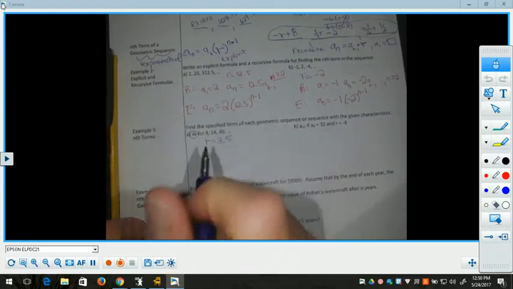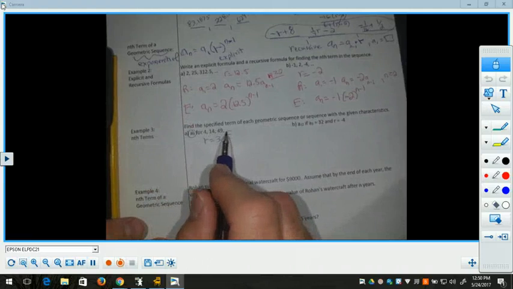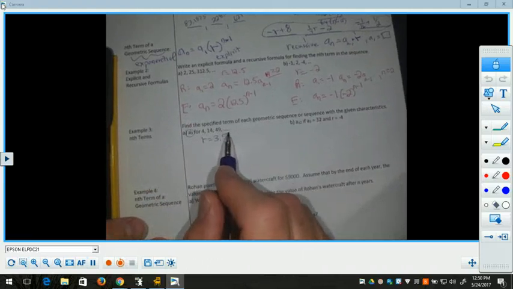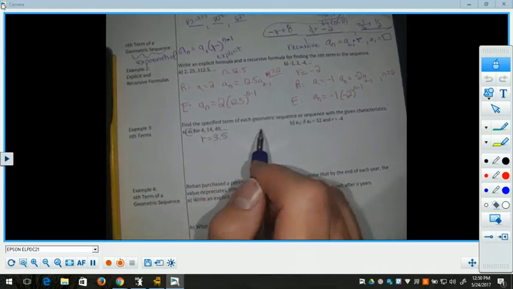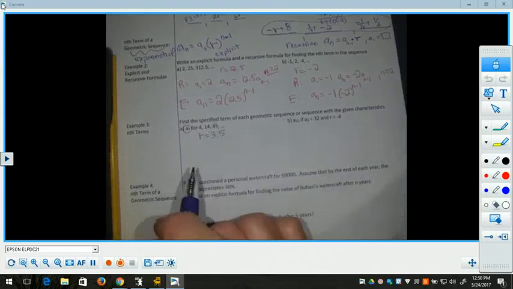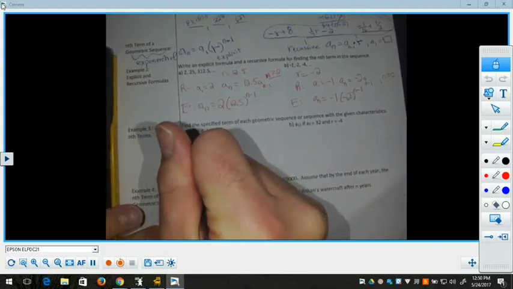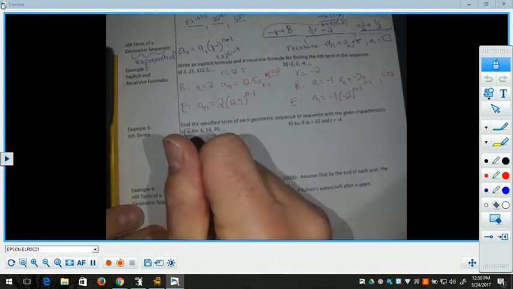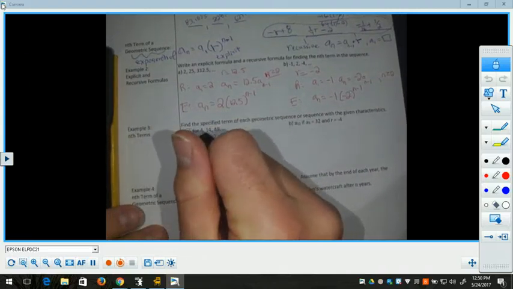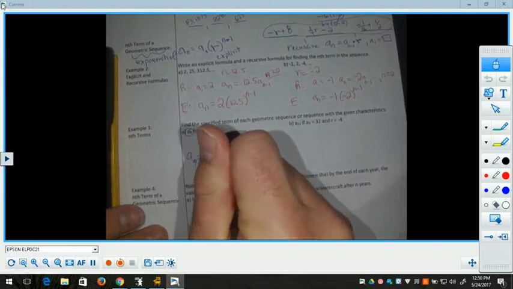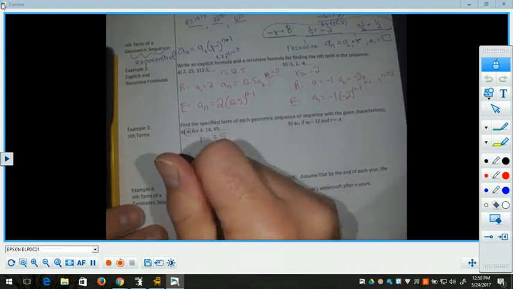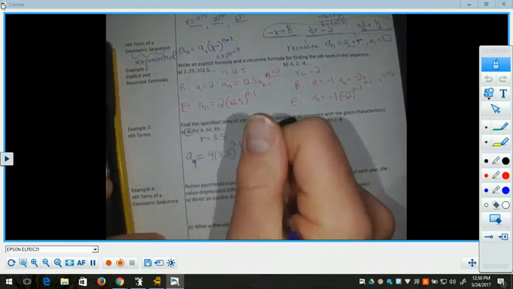Since we're going to get the 9th term, if you wanted to, you could write out more spaces until you got to the 9th term and just continue the recursive. But it's very easy to do this, especially with geometric, because of the nature of the formula. I just need the first term, the base, and then n minus 1. In this case, I want the 9th term, so 9 minus 1.